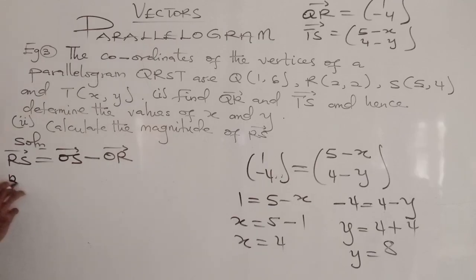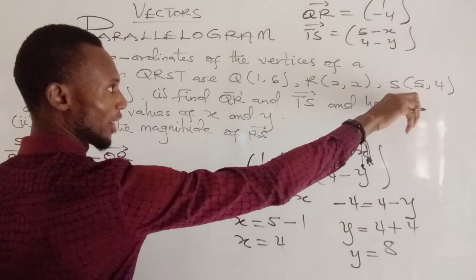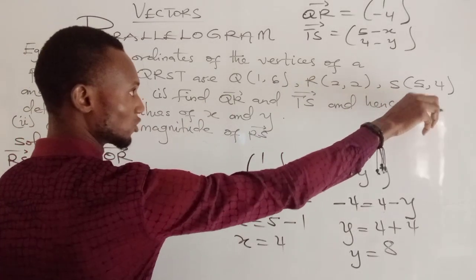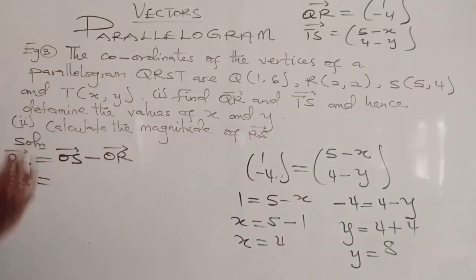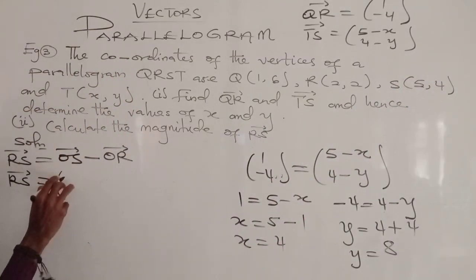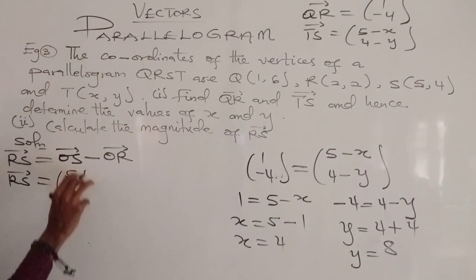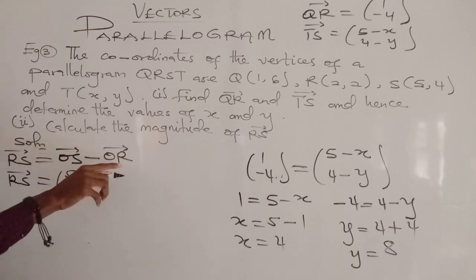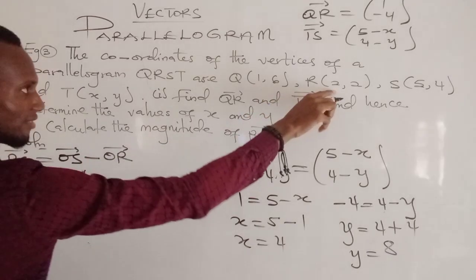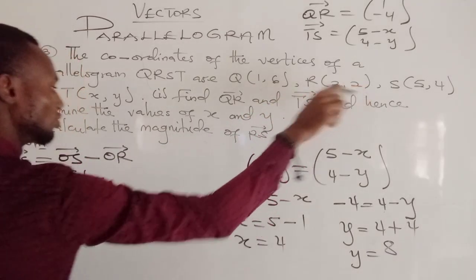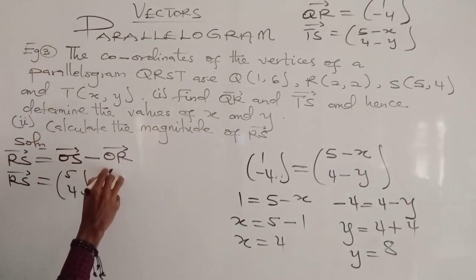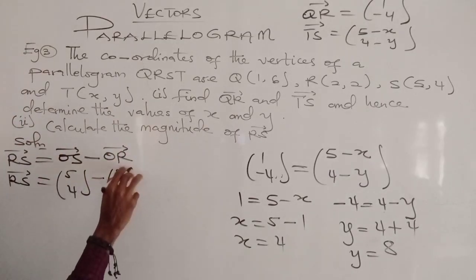I'm going to repeat my vector RS equal to the OS here. That's the point S given, which is (5, 4). So in place of the OS, I'm going to put the (5, 4) there, minus the OR, which is also given here, the point R, (2, 2). So in place of the OR, I'm going to put my (2, 2) there.